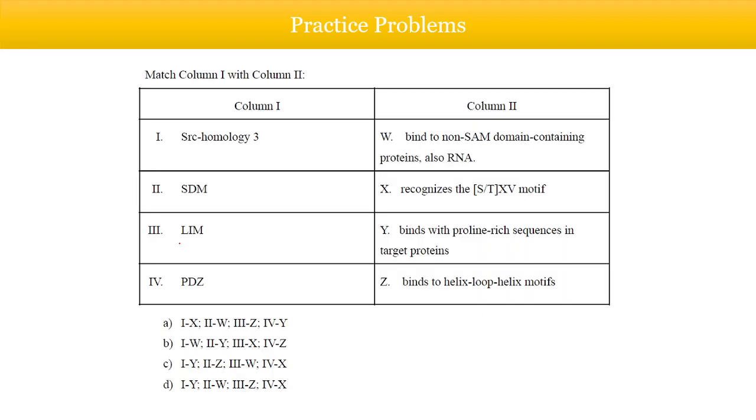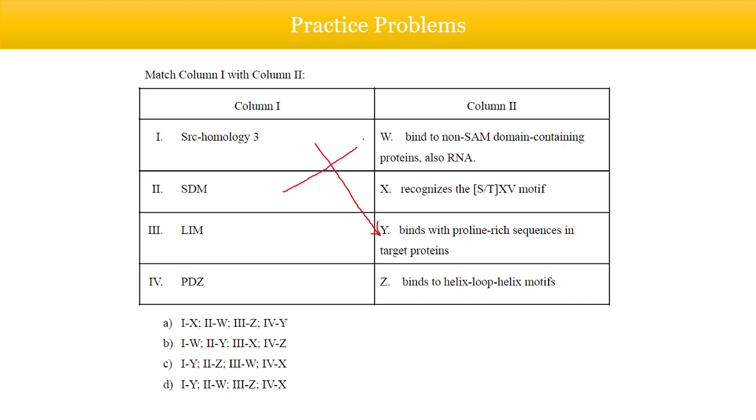And I guess we have the last one for the day. So we have to match the following: SRC homology 3, SAM, we have LIM and the PDZ. So SRC3 domain binds with, yes, proline rich sequences. That is right. You have the SAM that binds to non-SAM binding containing proteins like RNA.